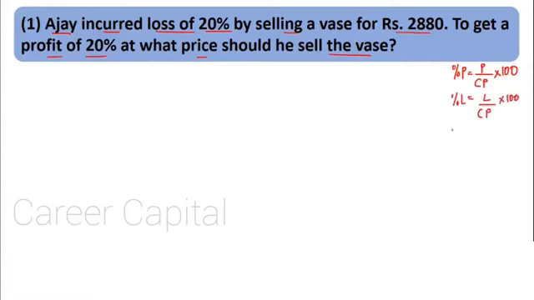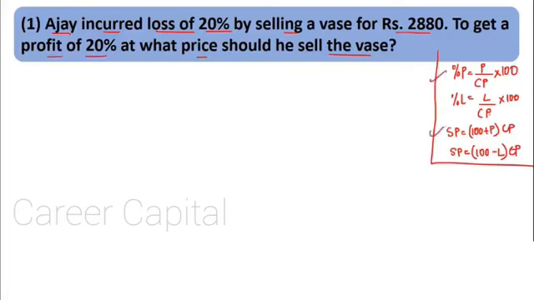And if we have profit percent or loss percent, then what would be the selling price? Selling price would be 100 plus profit multiplied by cost price. And for loss, selling price would be 100 minus loss into cost price. These are the 4 formulas, right? Just remember 2 of them, and you can easily derive the loss formula.